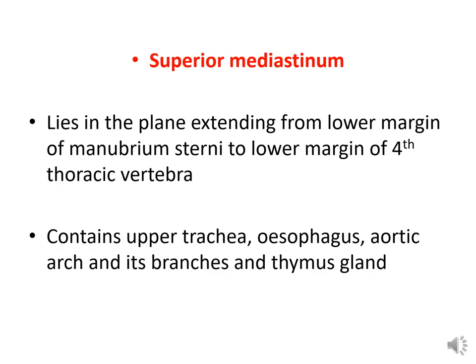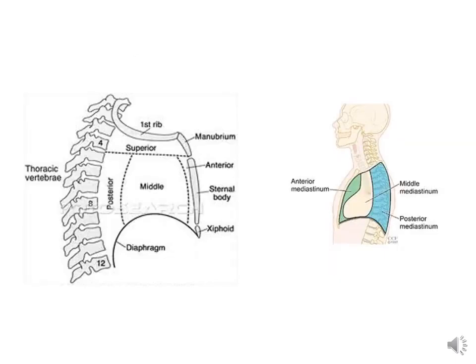The superior mediastinum lies in the plane extending from the lower margin of the manubrium sterni to the lower margin of the fourth thoracic vertebra. It contains the upper trachea, esophagus, aortic arch and its branches, and thymus gland. If you see the diagram, this is the lower limit of the superior mediastinum.